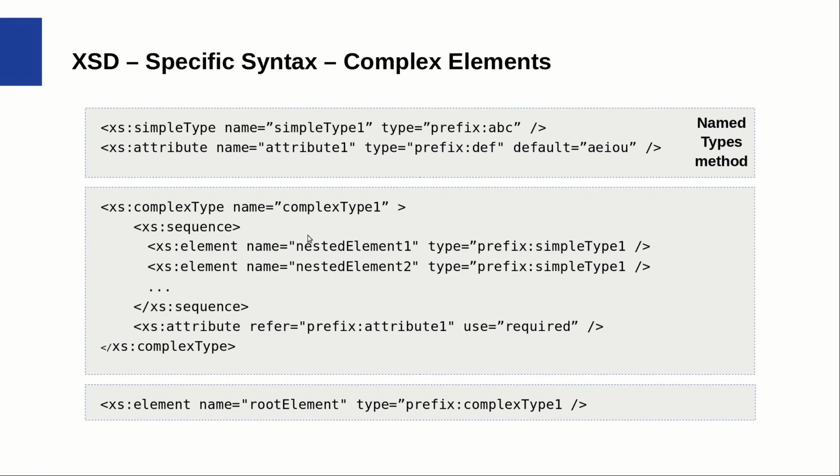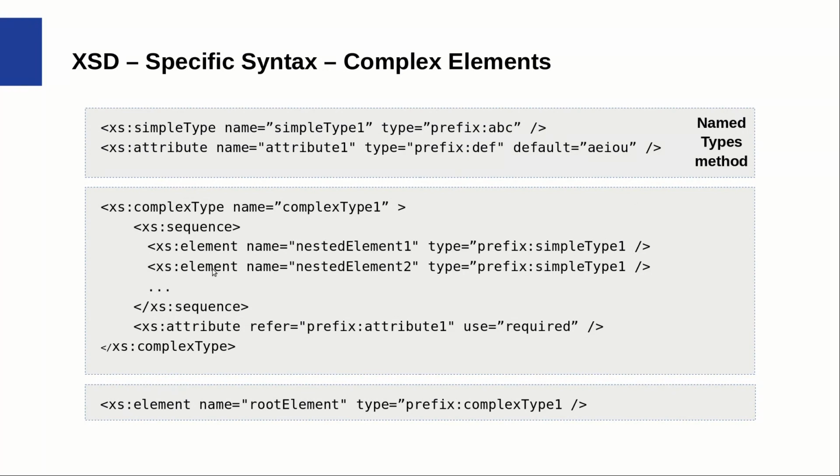You add the name for the elements, and then you refer to the globally declared simple types already declared outside by using the type attribute and the prefix for the custom namespace, which links to the target namespace of that XSD. For example, DNPM1982, colon the simpleType1, which is the name of the simple type globally declared that we want to refer.